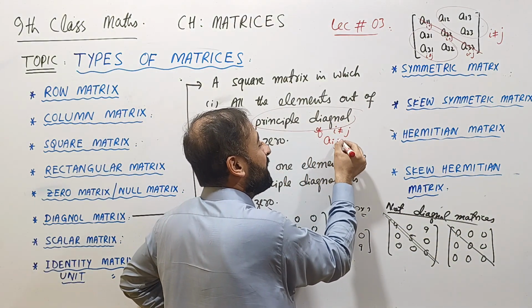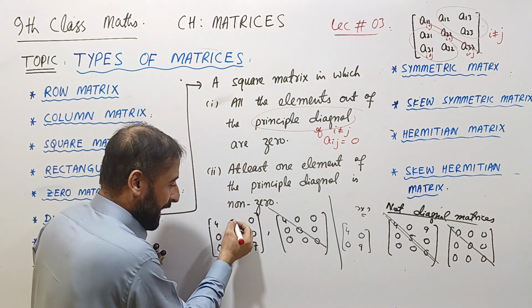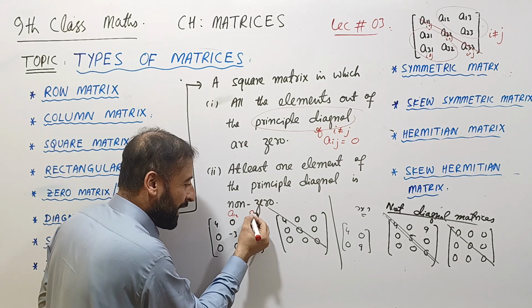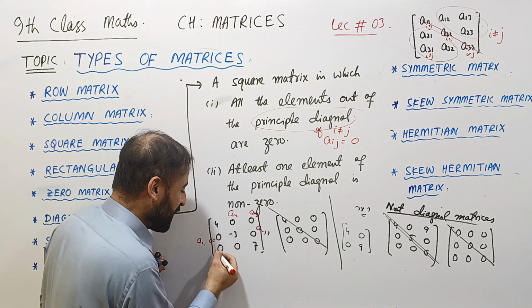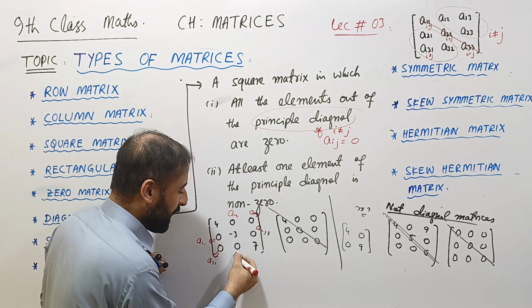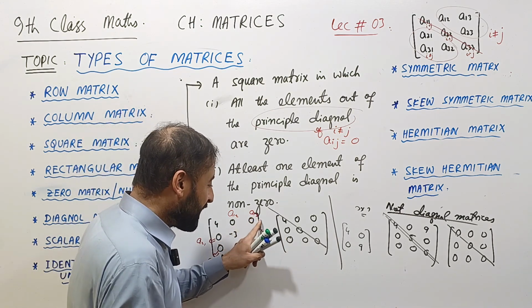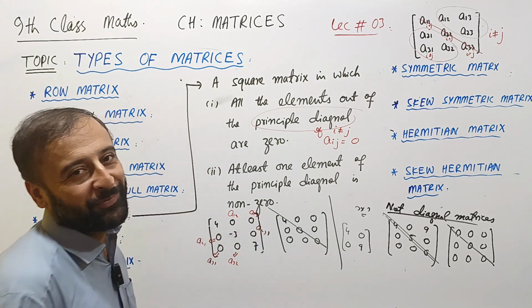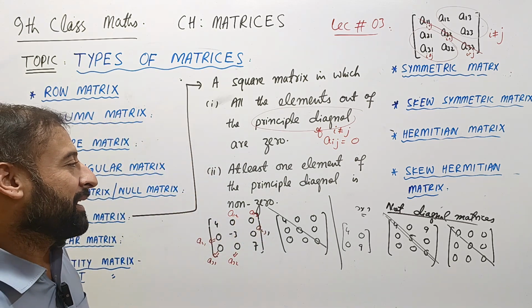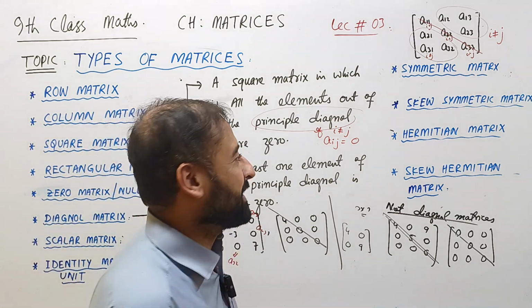Like you say a12 is 0, a13 is 0, a23 is 0, a21 is 0, and so on. So all the elements in which i and j are not equal are 0, out of the principal diagonal. And what is the condition on the principal diagonal? At least one element is non-zero.